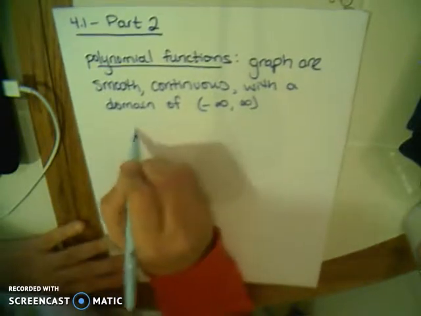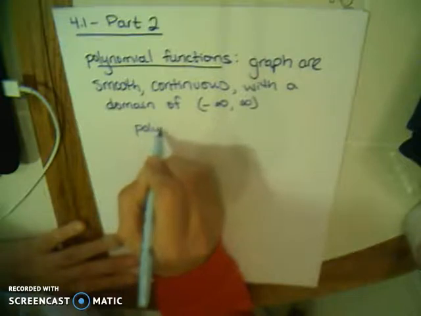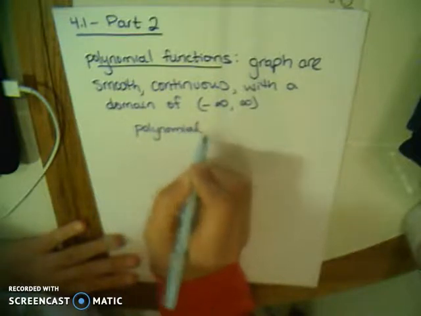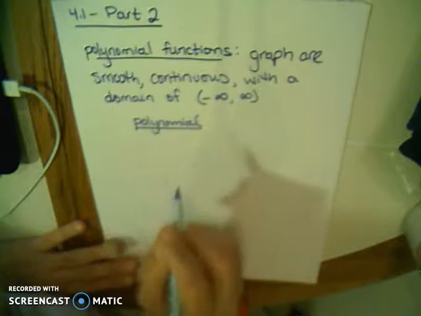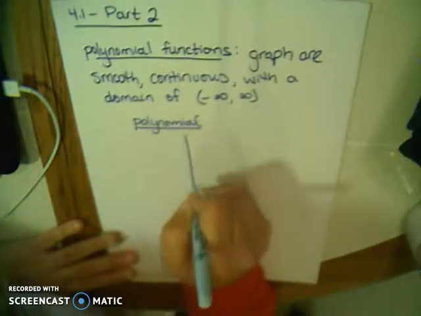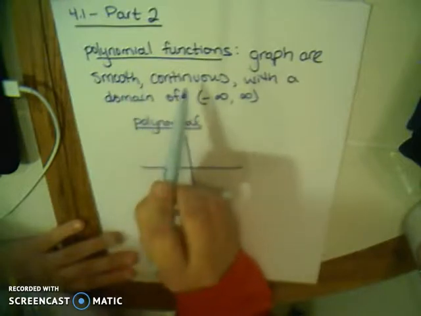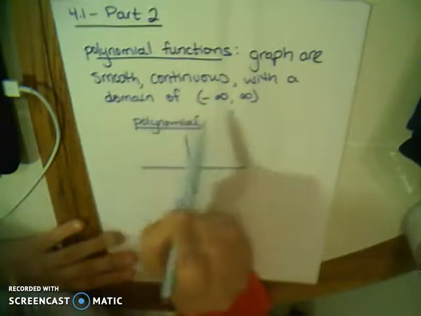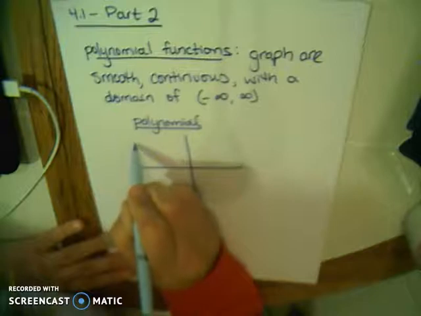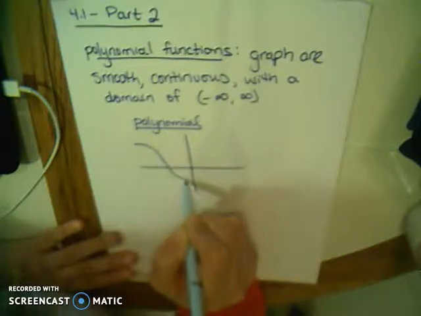So this is an example of a polynomial function. And it's going to look pretty nice. But you'll be able to really see the difference when I show you the non-polynomials. So it is smooth, it is continuous, and the domain is negative infinity to positive infinity. So that means I'm going to start all the way on the left.